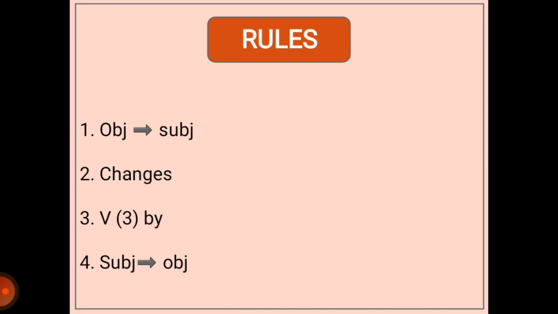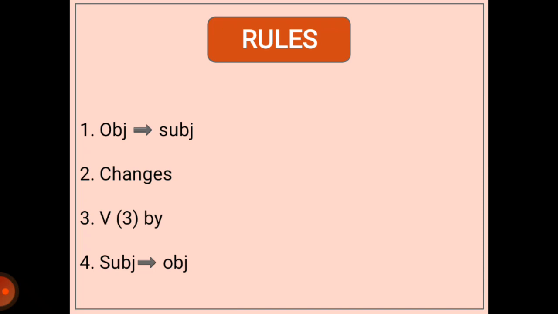Rule number 3 is V3. V3 means the third form of verb. There will be the third form of verb in passive voice. And after writing the third form of verb, you will write by. Rule number 4 is subject will be converted into object.